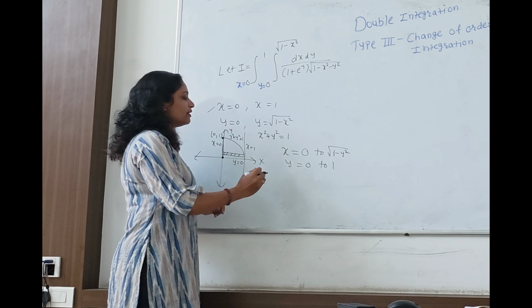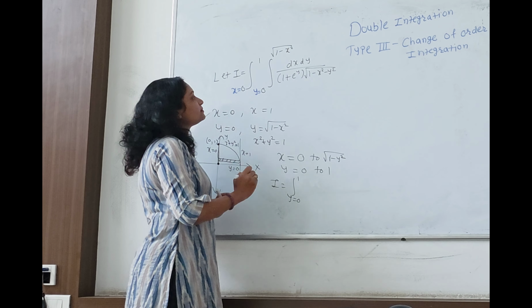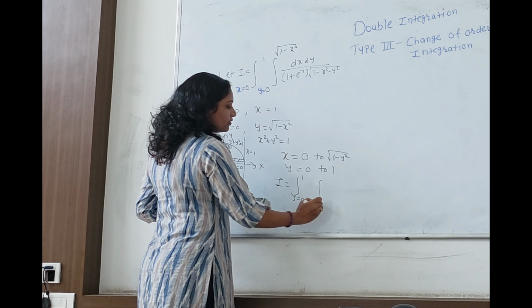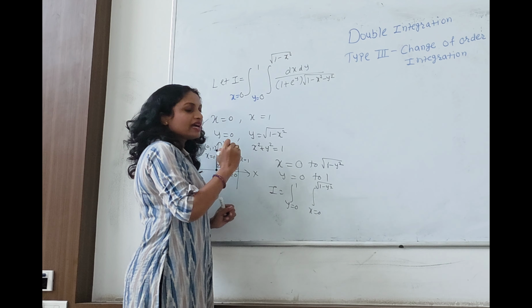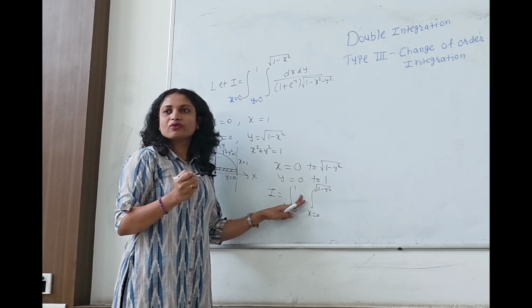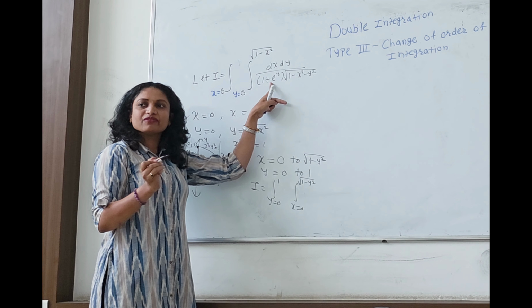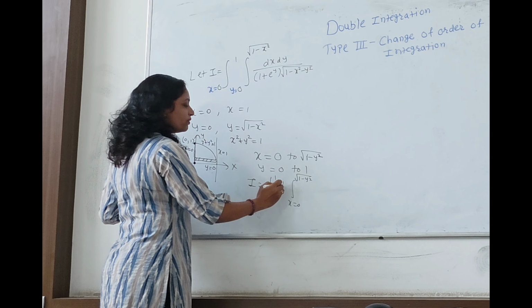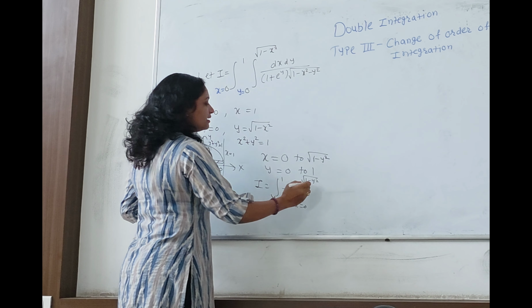So integration I will become y is equals to 0 to 1, then x is equals to 0 to root of 1 minus y square. As you are going to integrate with respect to x first, y is constant. So I am writing this 1 upon 1 plus e raised to y outside. What remains here?